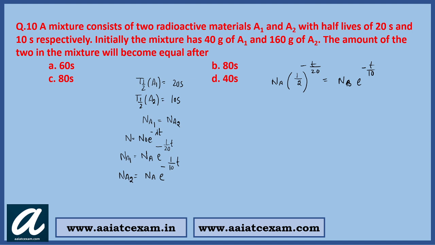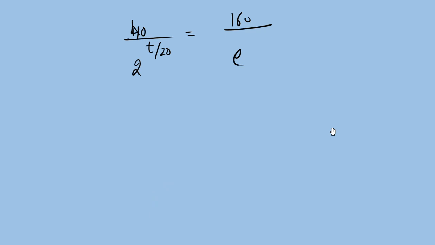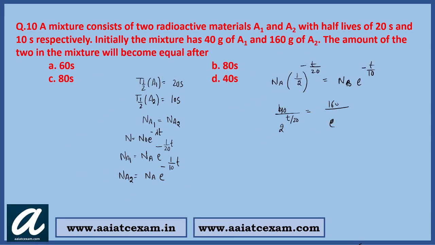Now Na is 40 gram initially. So 40 divided by 2 raised to the power t by 20 should be equal to 160 gram times 2 raised to the power minus t by 10, that is, t by 10 in the denominator. So this is 4.